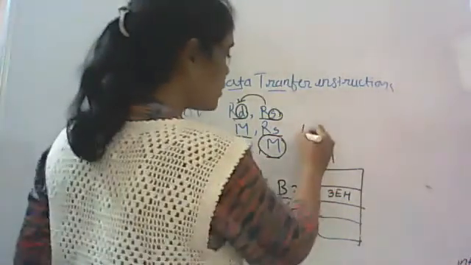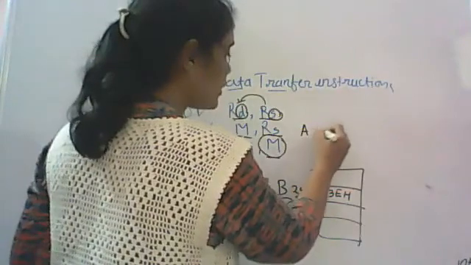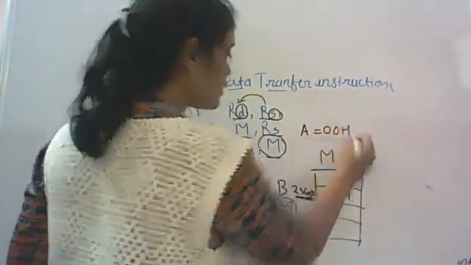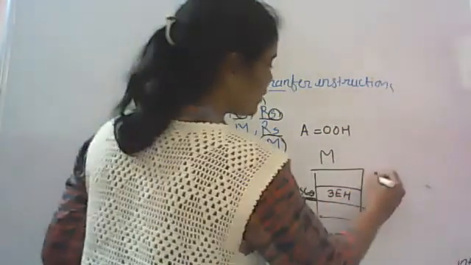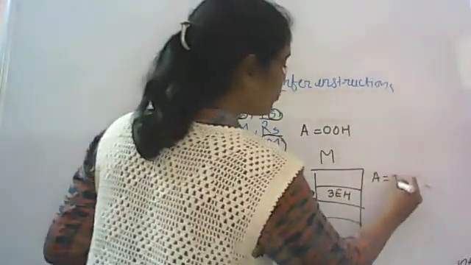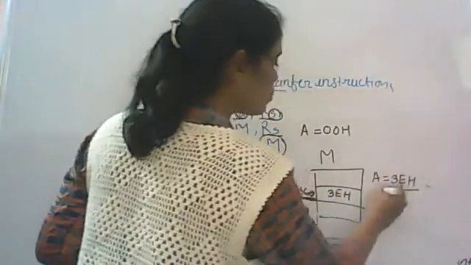So before execution, the accumulator contains 00 hex and after execution, the accumulator contains 3E hex.